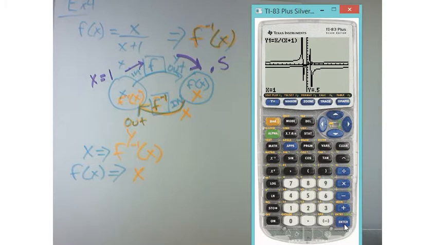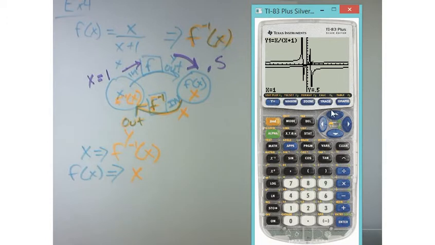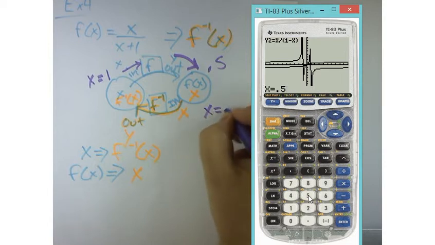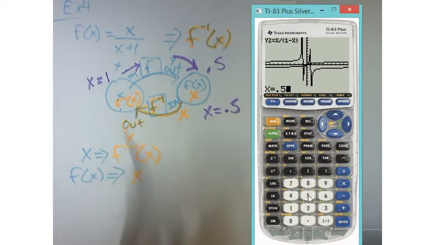So now if I take that 0.5 and plug it into the other equation, what should I get out? I'm going to let this be x equals 0.5. What should be the value here? It should be 1.